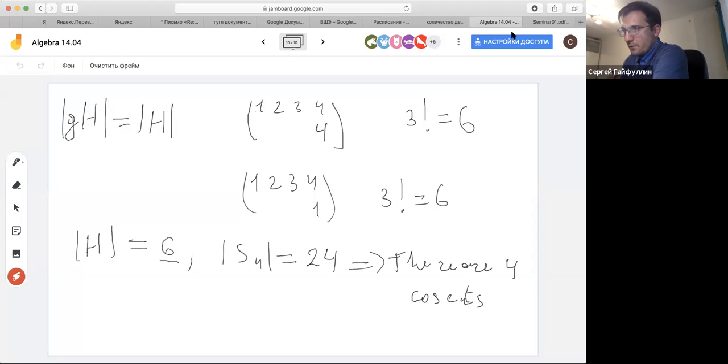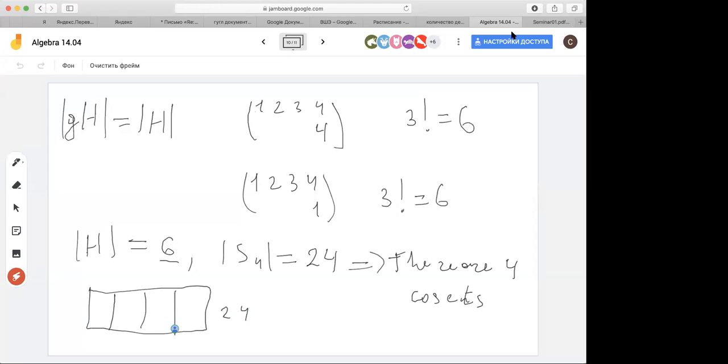Okay, we have a group of 24 elements, and it is divided into cosets, each of them with 6 elements, of course. Yeah, I get it.